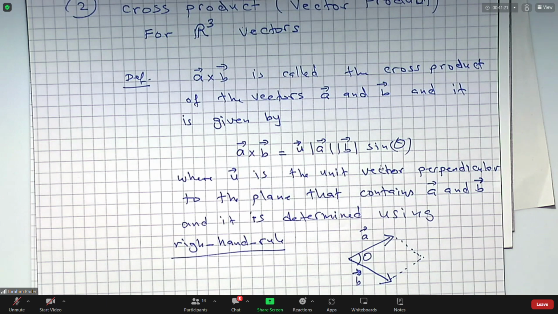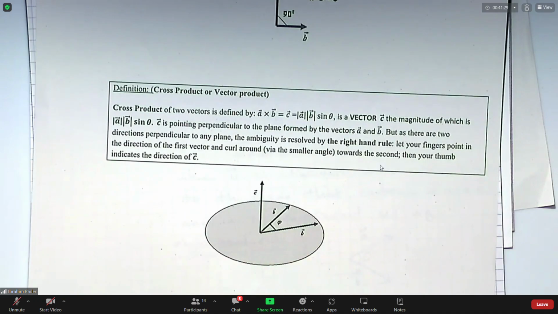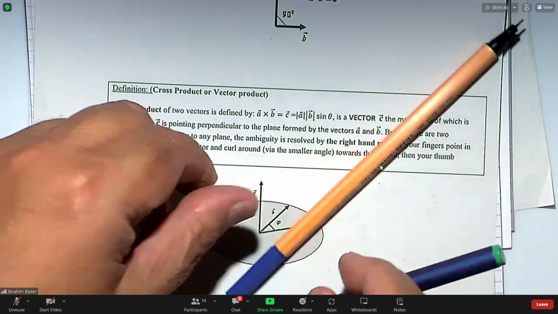Okay, here you go. So this is the graph here. I hope that everyone can see it. Now the right hand rule says you place, it's difficult to demonstrate it here.